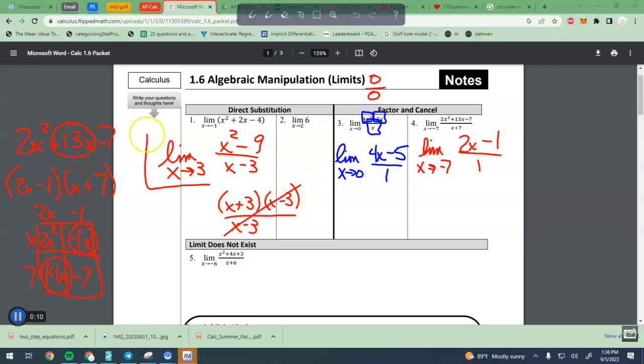What you're saying is the limit of this is exactly the same as this. You're saying they're equal. And they're not, because this has a hole in it and this doesn't, which we didn't quite get into yet.